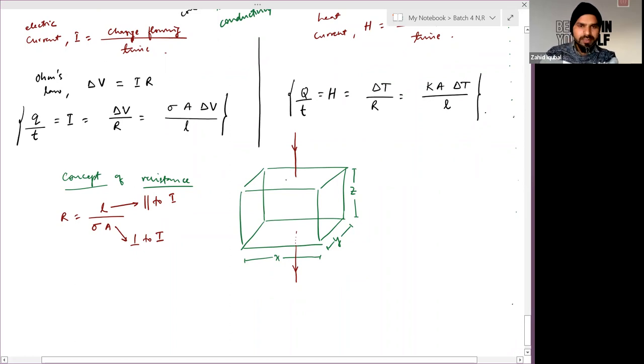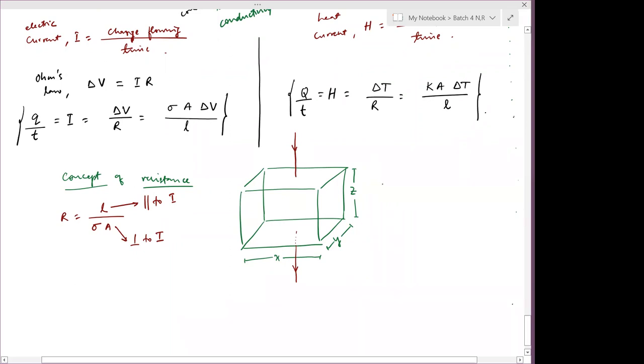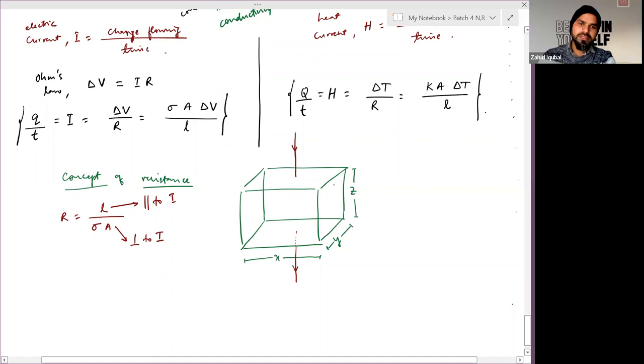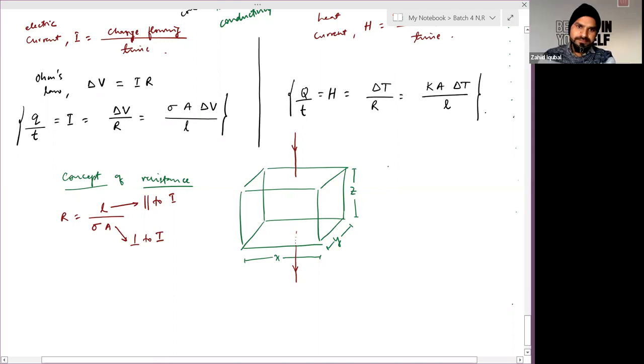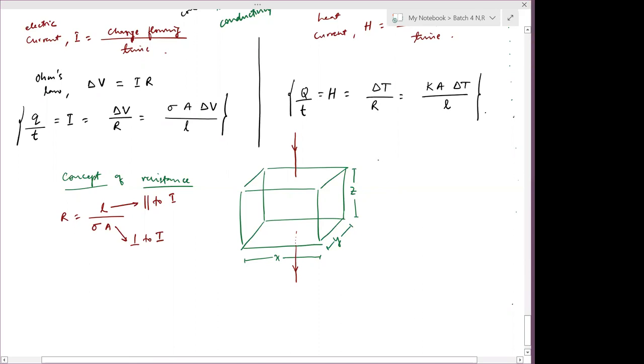Minashi, just tell me which dimension will behave as length for this particular body. Z. Good. And for area? X and Y.